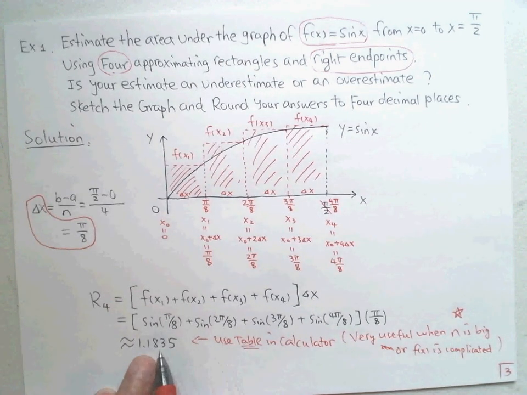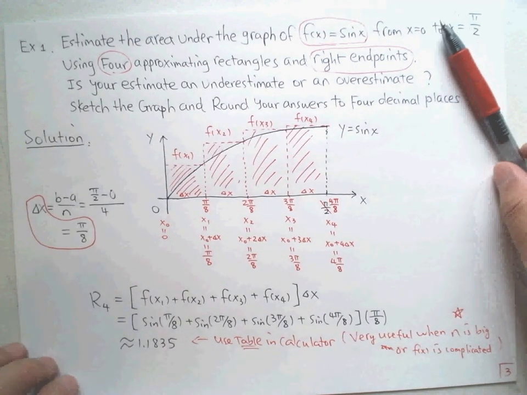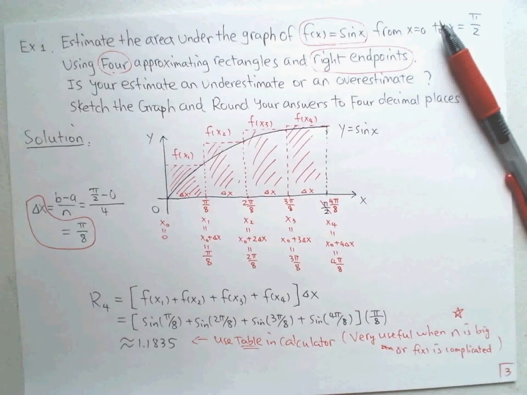So look at this, this is very important. I'm going to show you how to use the table in the calculator to get this number, even when the function is easy. So let me show you.